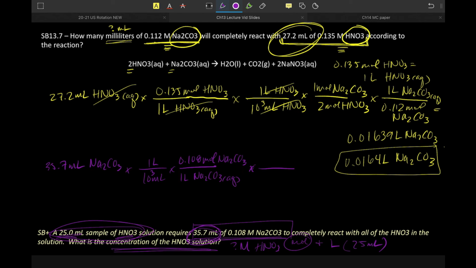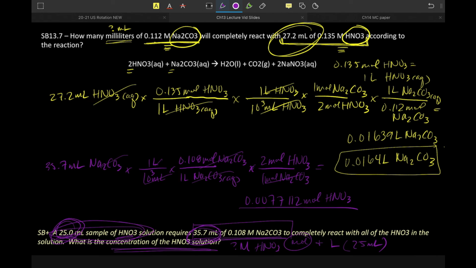If we go back to our equation, 1 mole of sodium carbonate reacts with 2 moles of HNO3, so this math tells us the number of moles that will react. This equals 0.0077112 moles of HNO3, which I'm then going to divide by my volume, 0.025 liters. And this is going to give us our molarity.